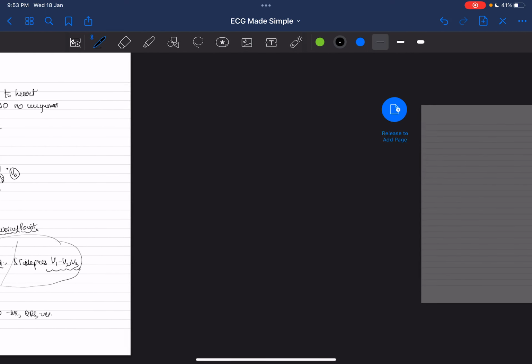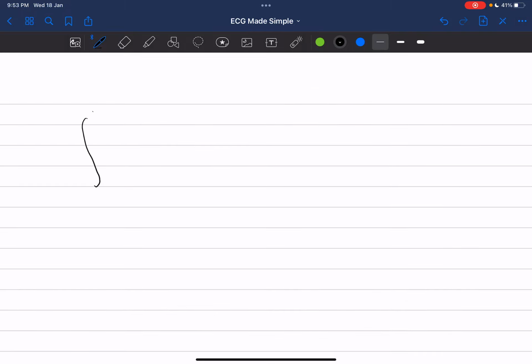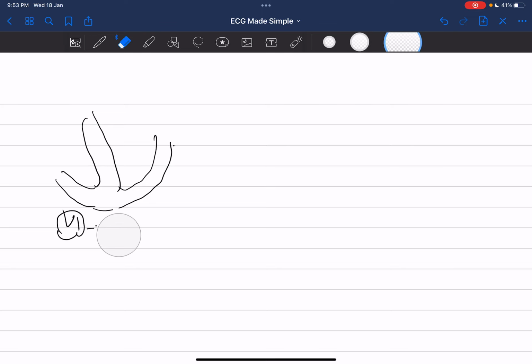So the location. If you think of this as the interventricular septum, this is the RV, and this is the LV. V1 measures the activity over the right ventricle.